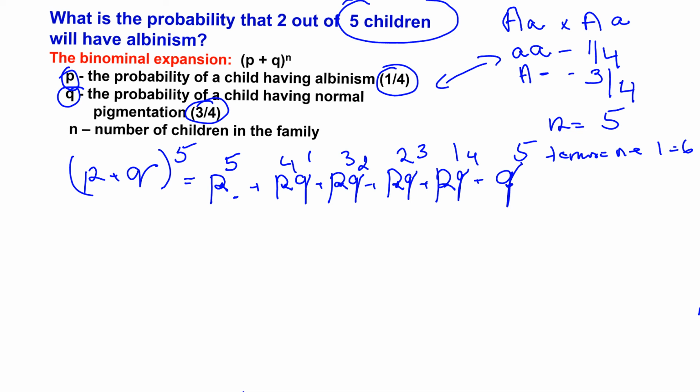What you do is multiply the previous coefficient by the first exponent, which is 5 by 4, which is 20, and divide by the position of this term in the expansion. So it's the second position, divided by 2, and it is 10. So the following coefficient will be 10.